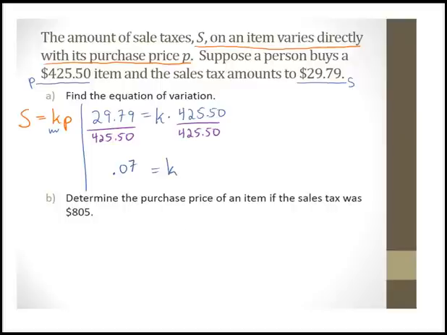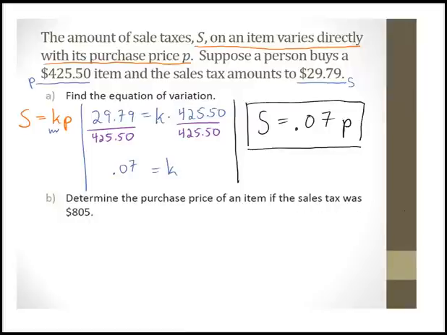So then the model that I would write is S, the sales tax, is 0.07 P, not K, excuse me. S is equal to KP, and K is 0.07. That's the model that I could write for this application. Now in part B, we're asked to determine the purchase price of an item if the sales tax was $805.